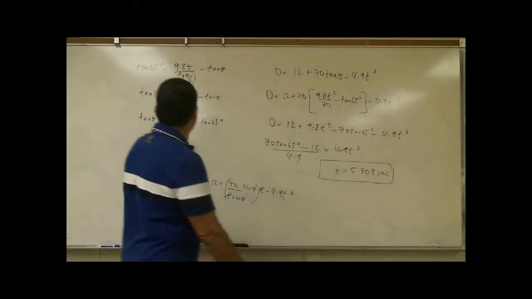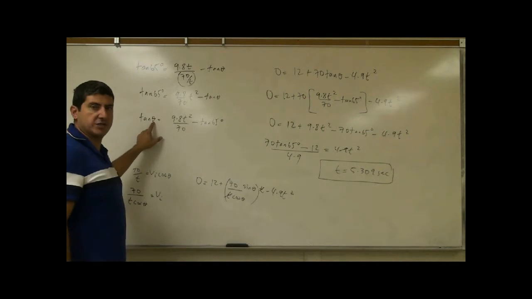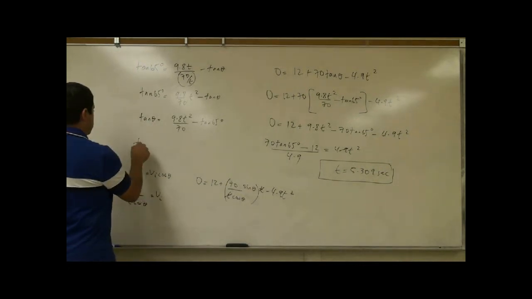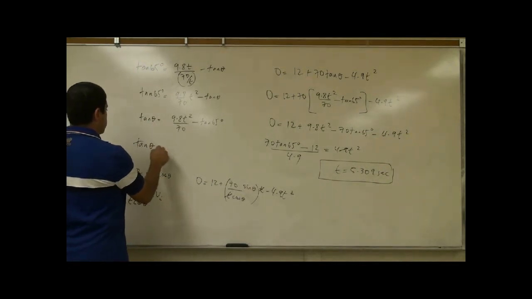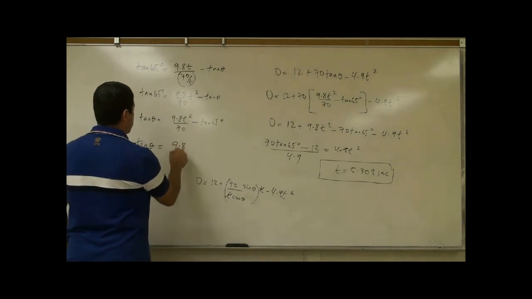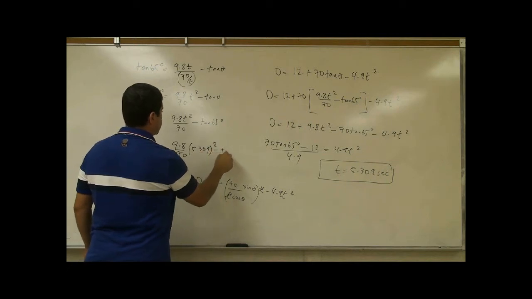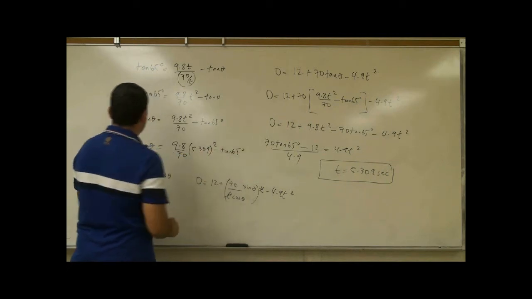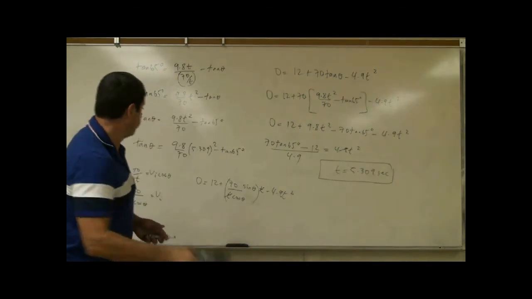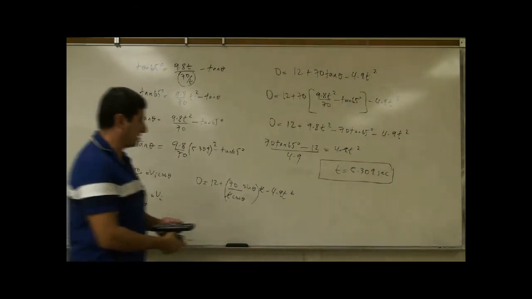Then we can take that and put it into here, and we can find out what angle the arrow was shot at. Tangent of theta is equal to 9.8 over 70 times that number 5.309 squared minus tangent of 65. And then you can solve for the angle it was shot at. Right?